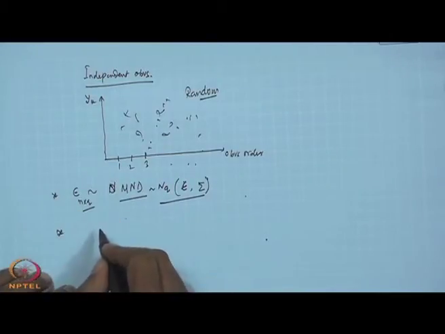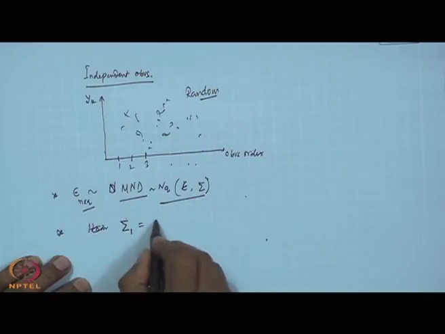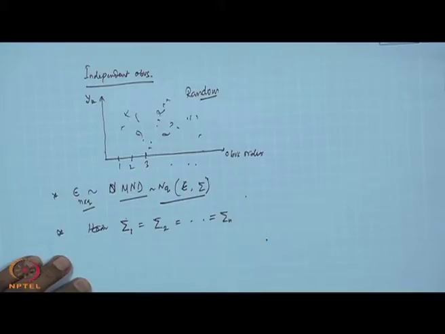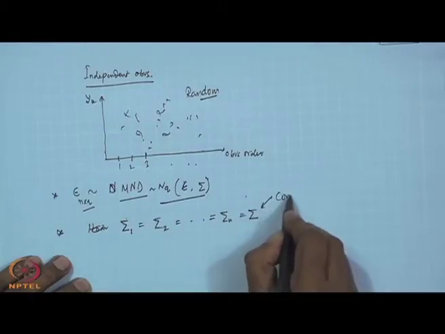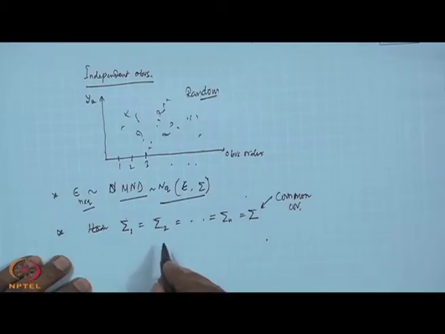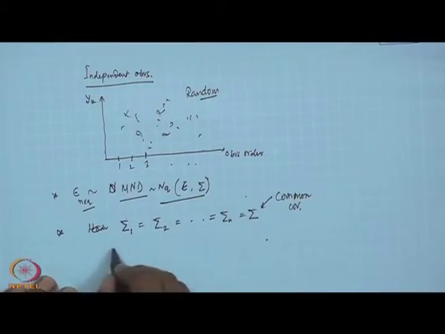The second assumption is homoscedasticity, equal covariance. If you have different observations, suppose n observations you have collected, then all will be equal to this. This is the common covariance matrix. Error variances are equal across observations, a common covariance structure, and another one is the error variance for every y variable.